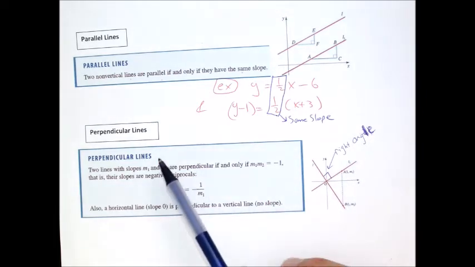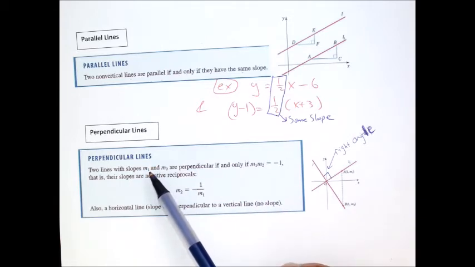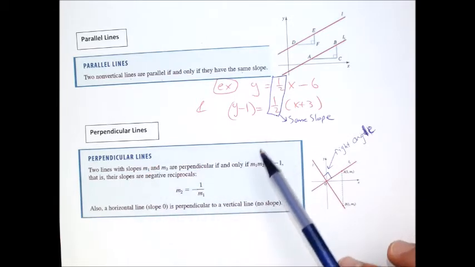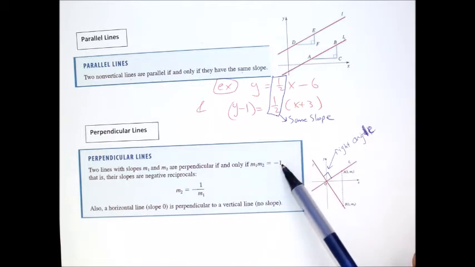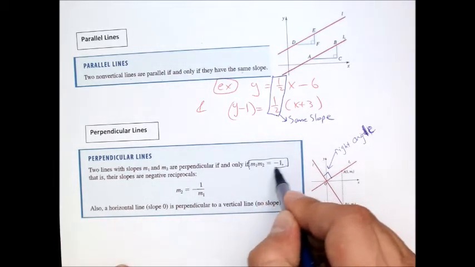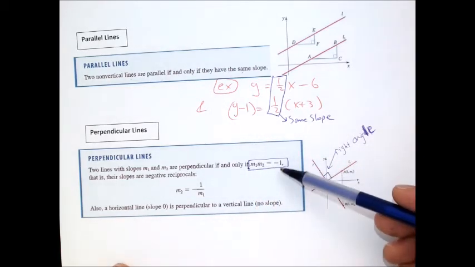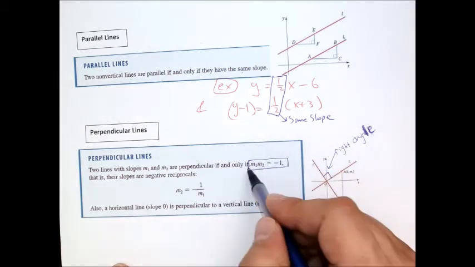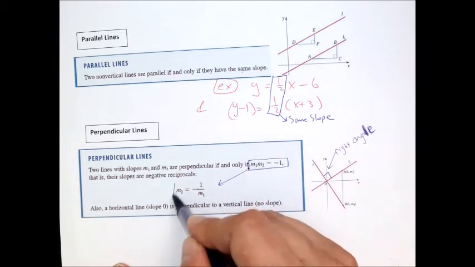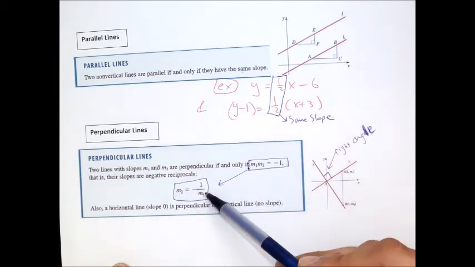And we know that two lines are perpendicular if when you multiply their slopes together, you get -1. That's what this says right here: m1 times m2 equals -1. Another way of saying that is that one is the negative reciprocal of the other.